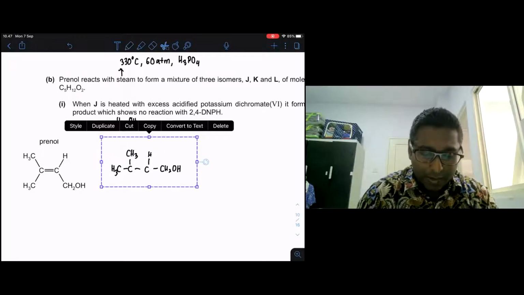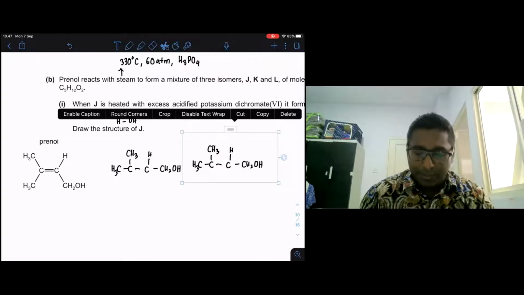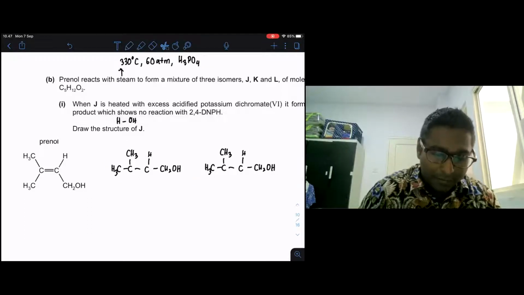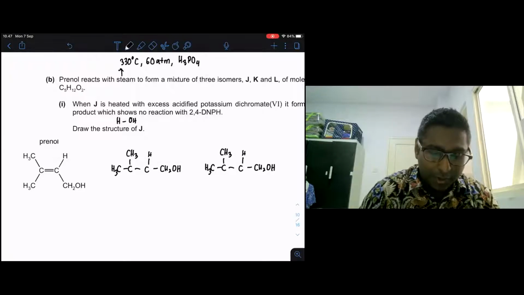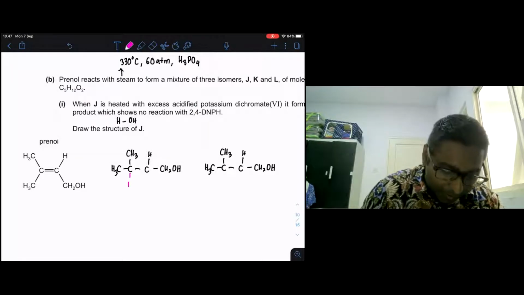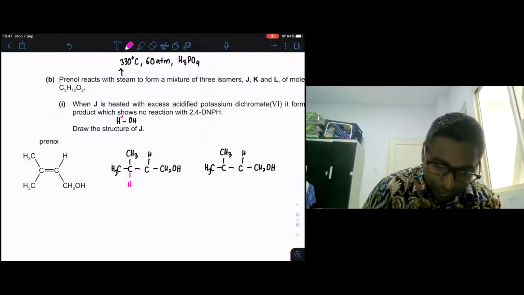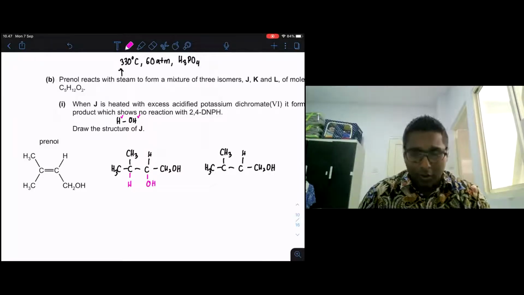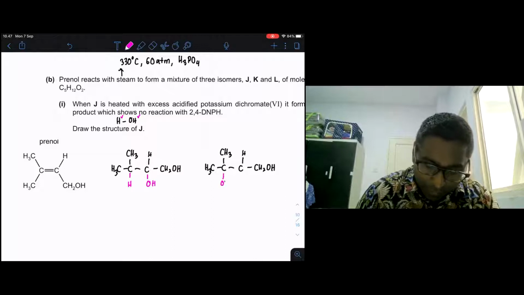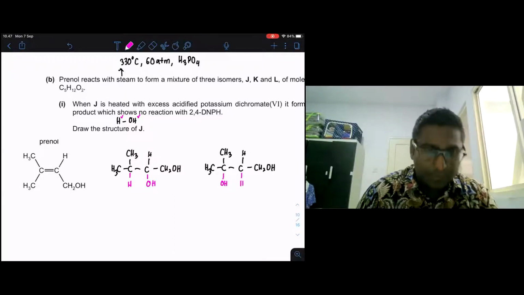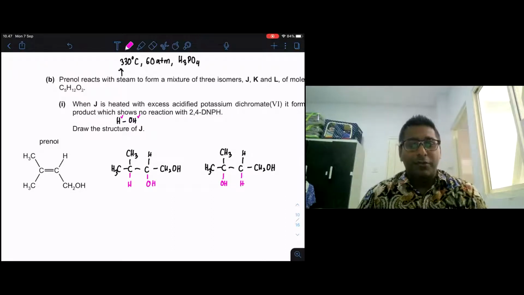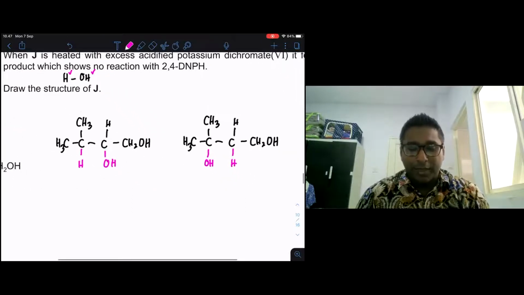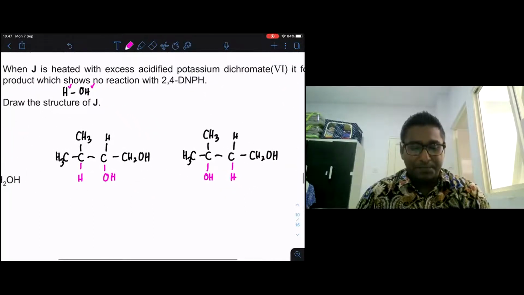If I paste it over here, I will have the H coming over here and the OH coming over here, with the double bond broken. Or I can have the OH coming over here and the H coming over here. So you have two possibilities when you are reacting with the steam.